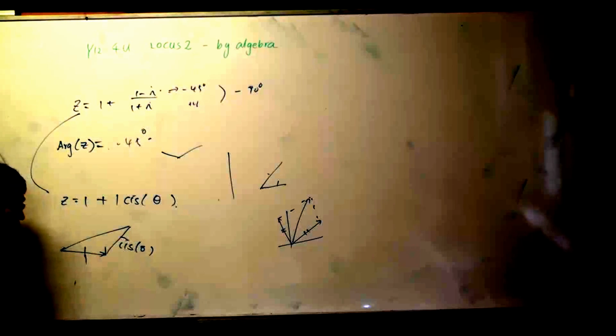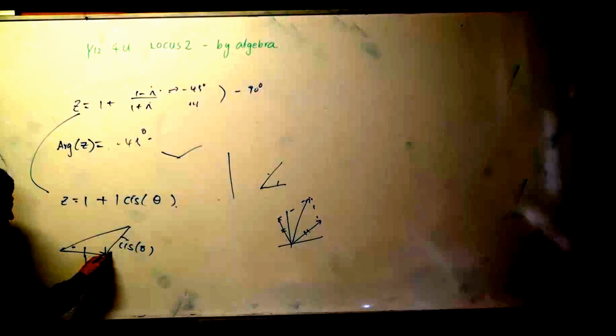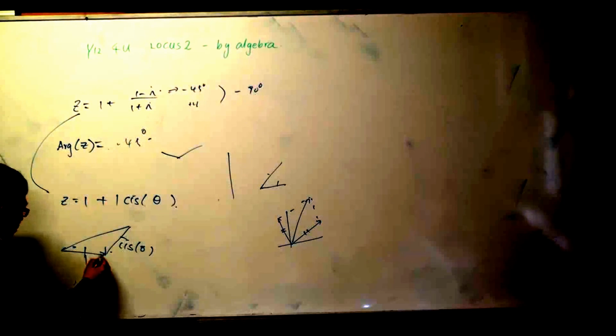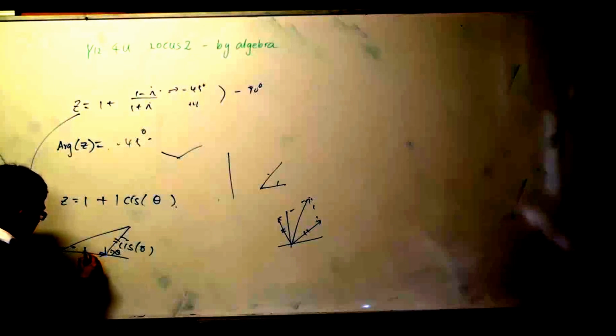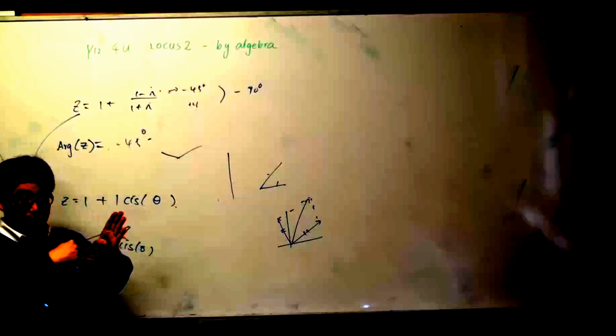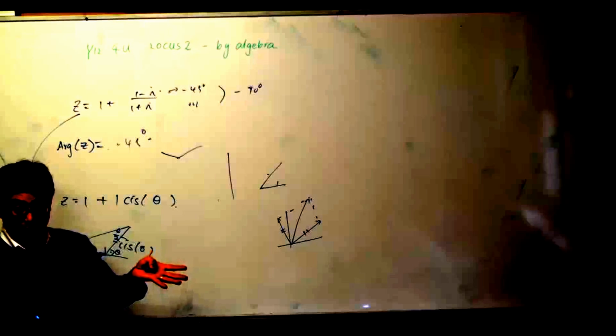Because they are the same size, that angle will be half of this. Because this is theta, the same size, there is half theta, half theta. It is important geometrically, but more important is that you need to be able to pick it up. When two complex numbers are added up and their moduli are the same, then the argument is half of it.